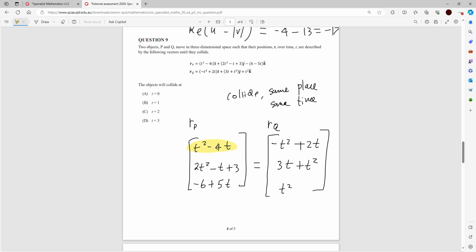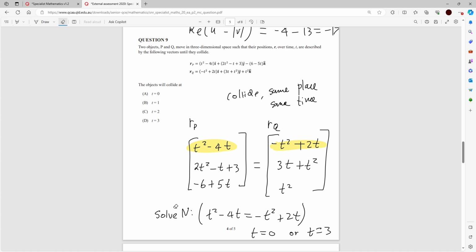So I'm going to solve this quadratic equation here. I would put that into solve, so solve t squared minus 4t equals minus t squared plus 2t, and solve spits out two numbers, t equals 0 or t equals 3. Now, which one is correct?